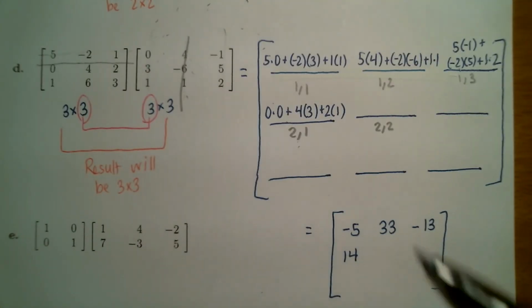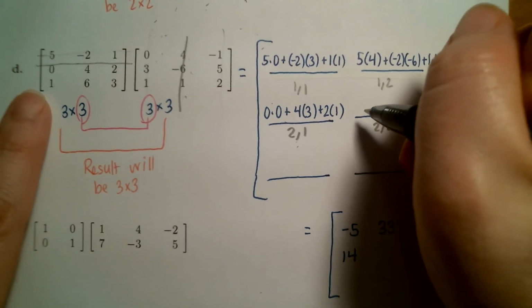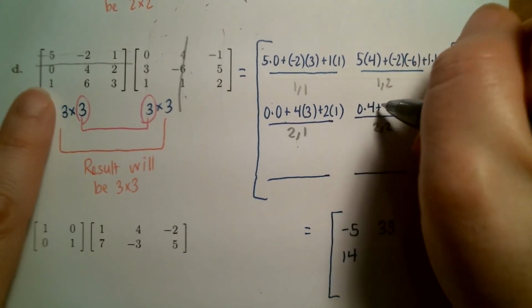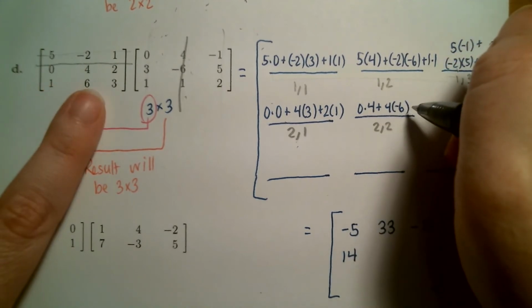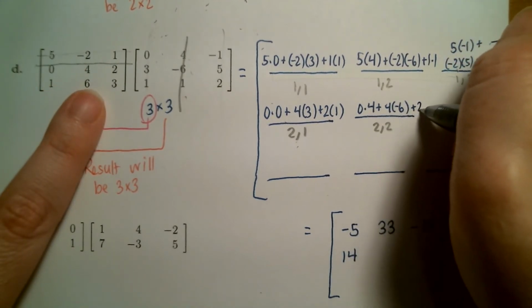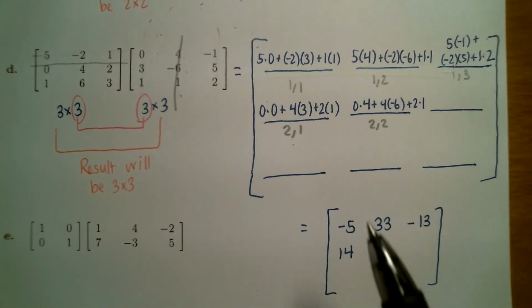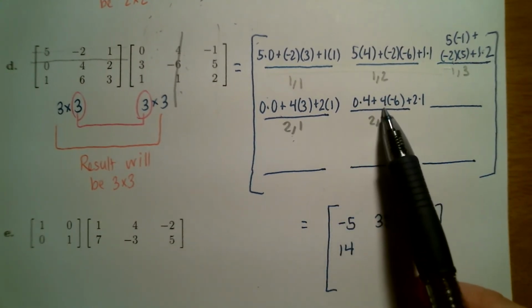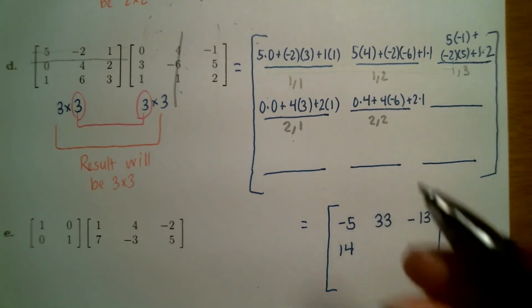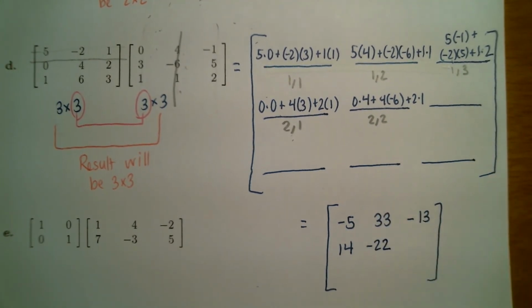Let's write that down. So 0 times 4 plus 4 times negative 6 plus 2 times 1. So let's simplify. We're going to get 0 plus negative 24 plus 2 is negative 22.